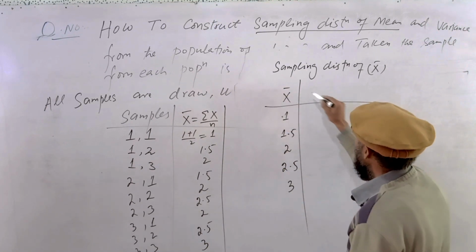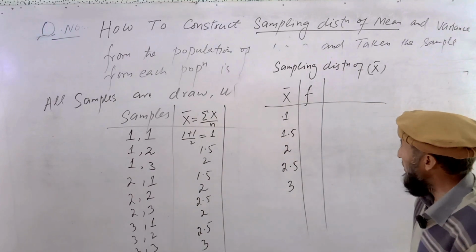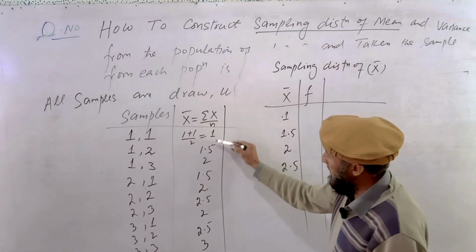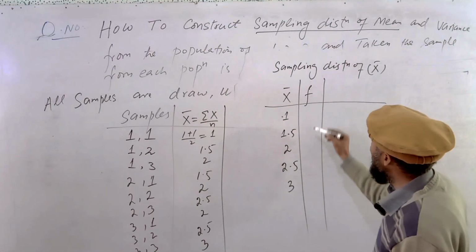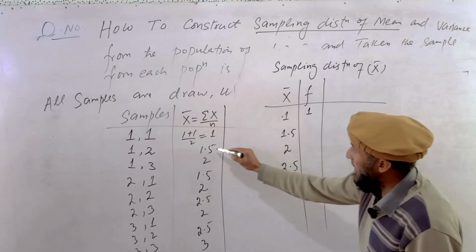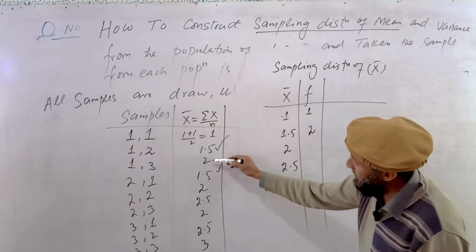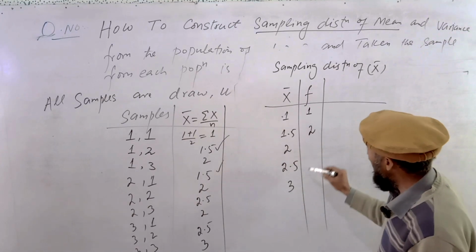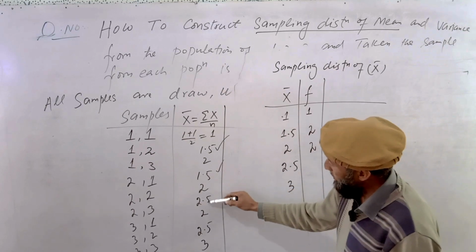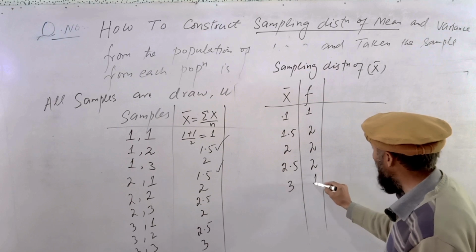Here f means frequency, the number of times a value appears. So 1 appears only one time, so the frequency is 1, and 1.5 we get 2 times, so the frequency is 2. And 2 is repeated 3 times, 2.5 appears 2 times, and similarly 3 we get 1 time.